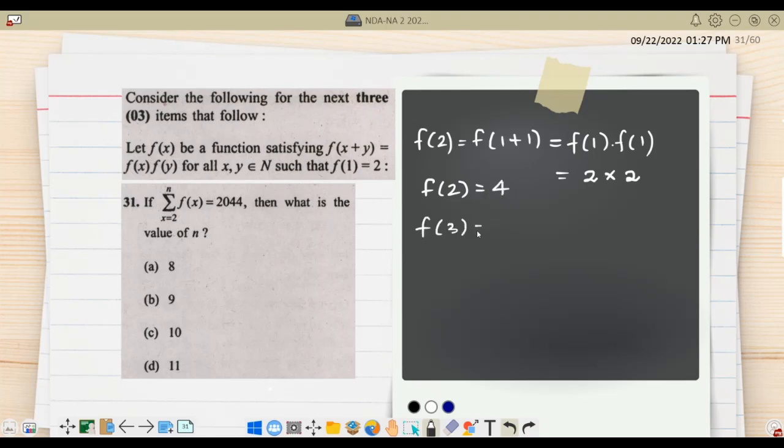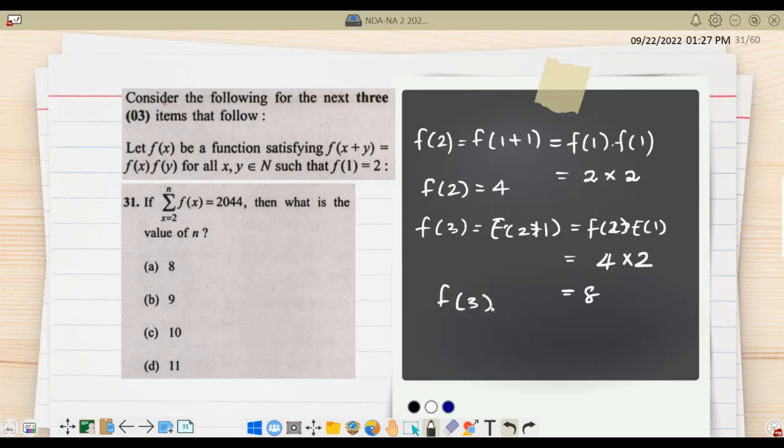Now f of 3. f of 3 can be written as f of 2 plus 1, equal to f of 2 into f of 1. We found f of 2 is 4, and f of 1 is 2, so this is 8.